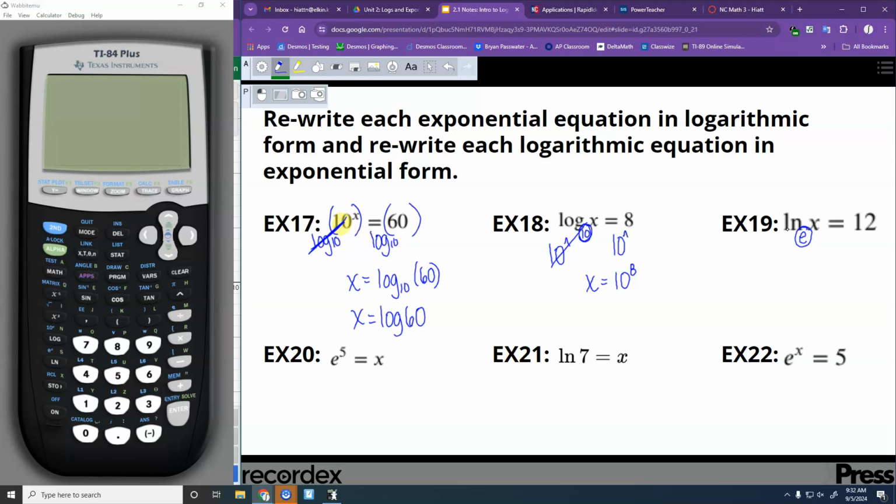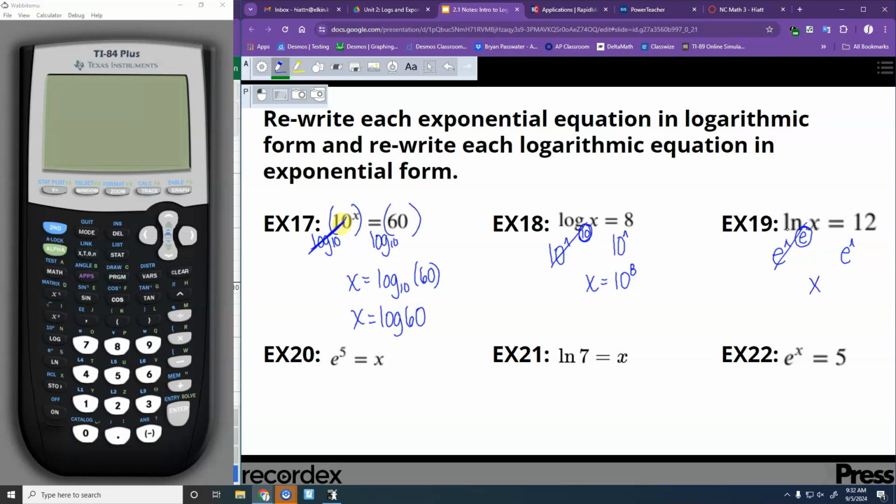Josiah, what would I have to do? To get rid of a log, we use an exponent, right? So we're going to make this e raised to that power. Okay? So e raised to that power. And so this will cancel out on that side.